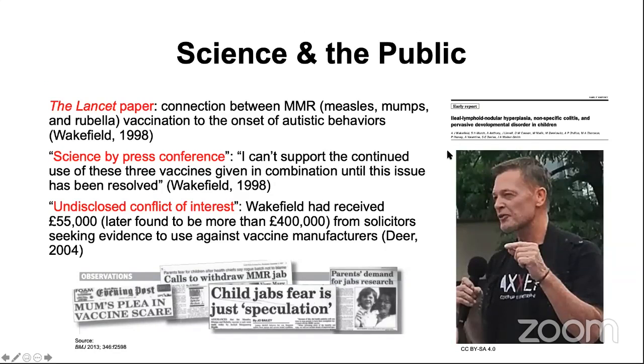And one very last problem, probably the biggest, is that he has some undisclosed conflict of interest. It was later found that this physician has received a lot of money from solicitors seeking evidence to use against vaccine manufacturers.